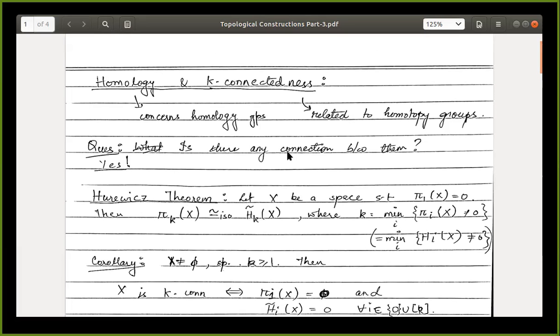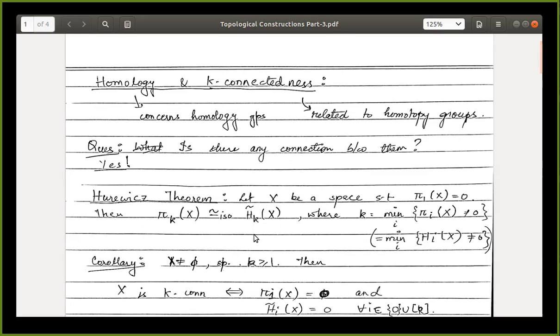To see the formal statement, what it says is that if you have a topological space which is simply connected, which means its first homotopy group, the fundamental group, is trivial, then the first non-zero homotopy group which you hit is isomorphic to the same dimensional homology group. The tilde here denotes that it is a reduced homology group.